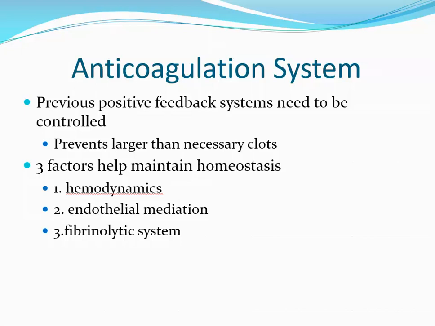So there are three factors that help to maintain homeostasis, help us to regulate the overall size of a clot. These include hemodynamics, which is the basic flow of blood, endothelial mediation, which refers to normal endothelium on either side of the area of damage, and the fibrinolytic system. We will look at each one of these.